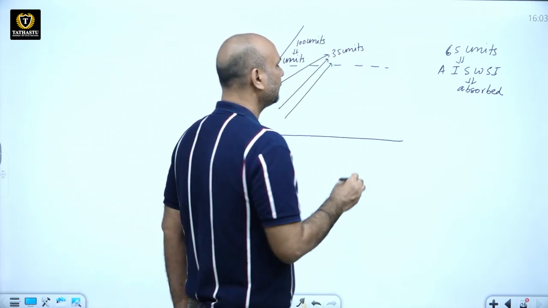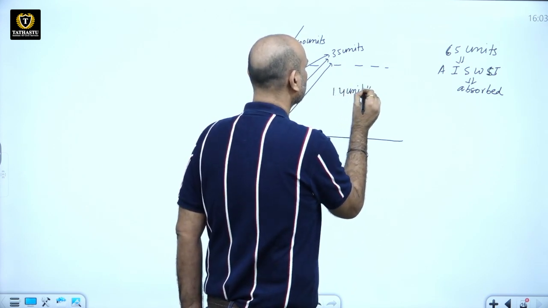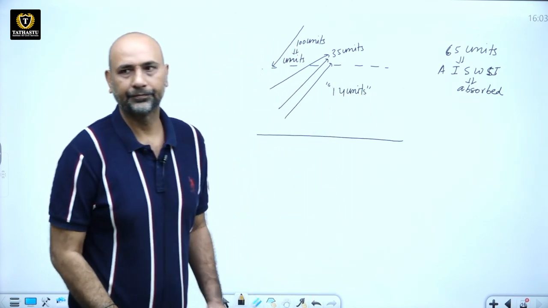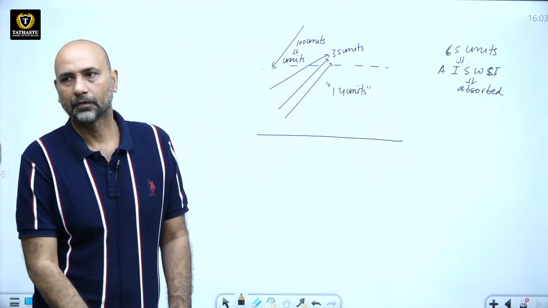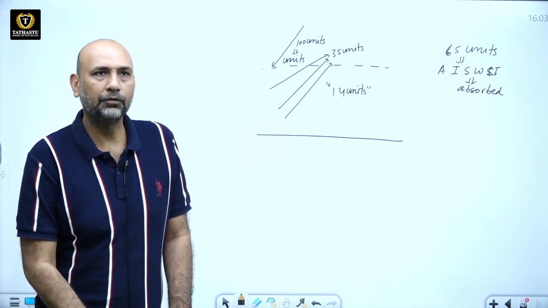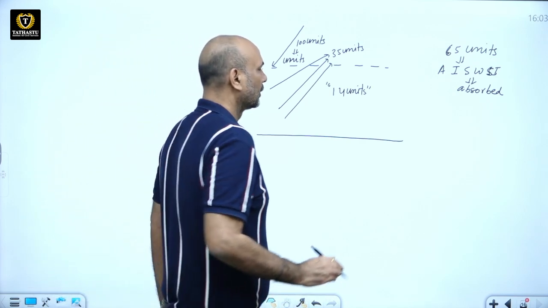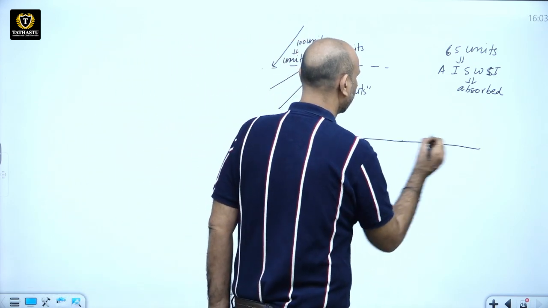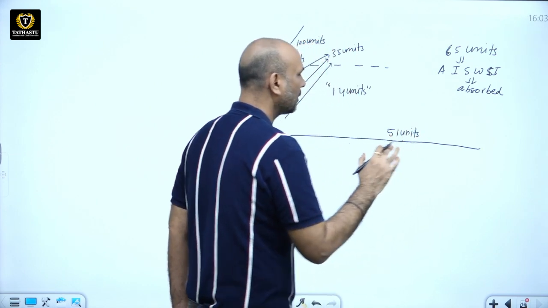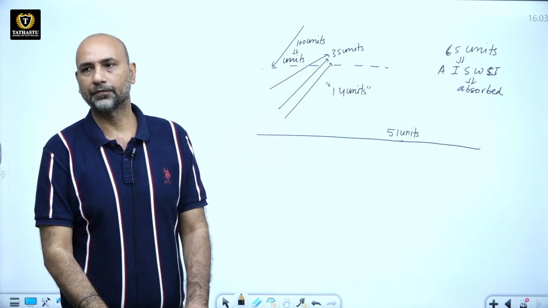Out of 65 units, 14 units are absorbed by the atmosphere, and 51 units are absorbed by the surface of Earth, which includes both land and water surface.